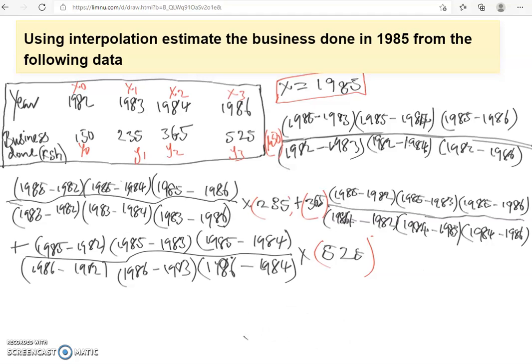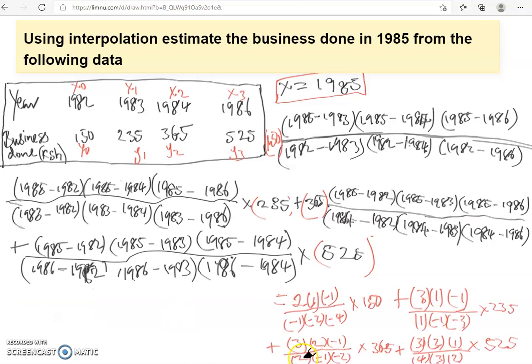So now if we plug these values into our calculator, this is going to give us 2 into 1 into negative 1, divided by this.